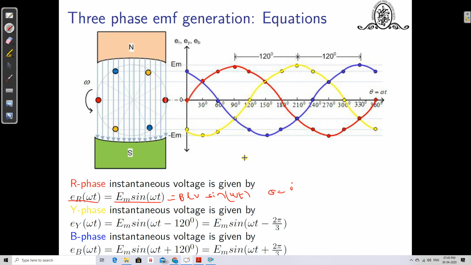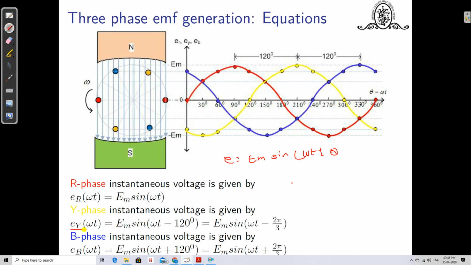What is the standard equation? The standard equation is EMF equal to EM sine omega t plus or minus theta. In the R phase, the value of theta is equal to 0. Let us compare for the Y phase. In the diagram, the Y phase is lagging the R phase voltage by 120 degree.